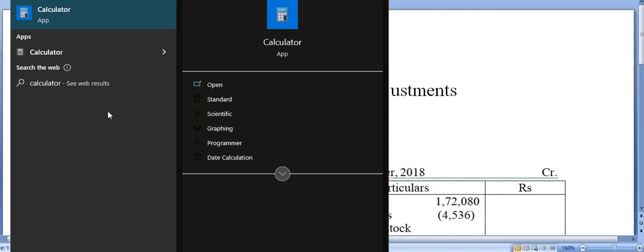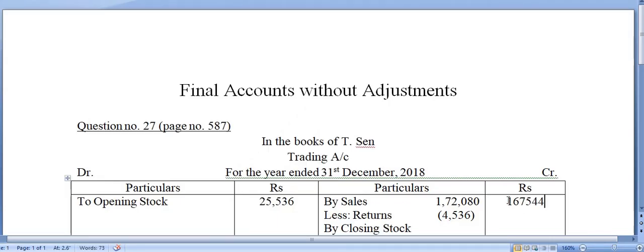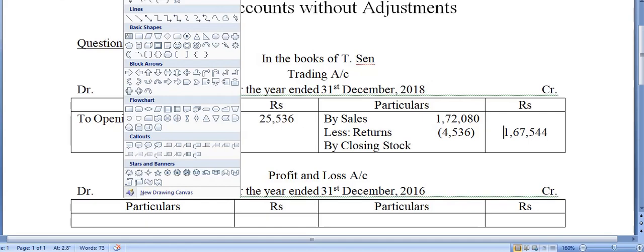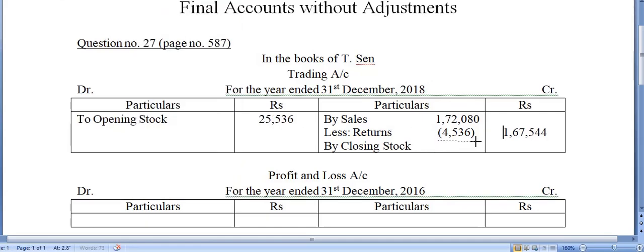Anyway, 172,080 minus 4536 would be 167,544, that is 1,67,544. You will write the amount here and draw a single line. So sales minus returns, and then you will write closing stock. Closing stock will be given outside the trial balance. That's it, your credit side is over now.